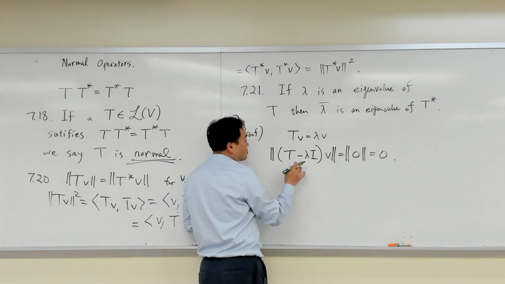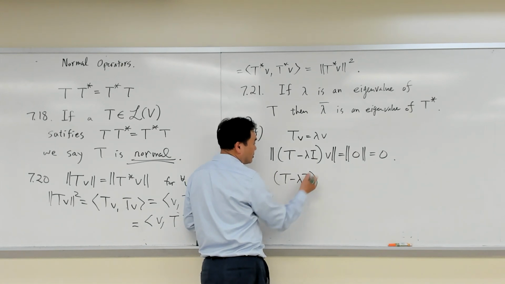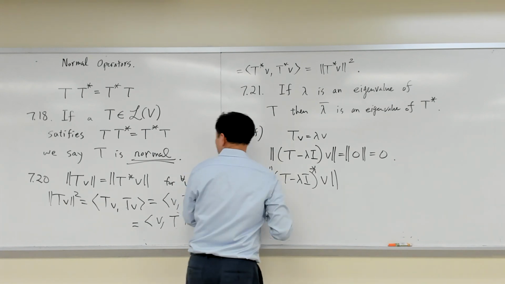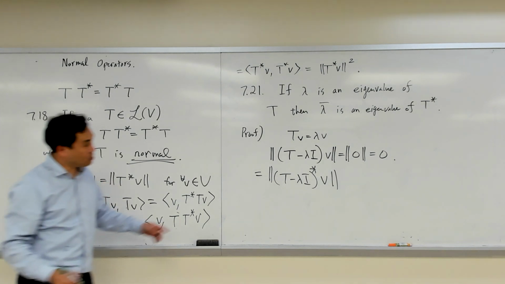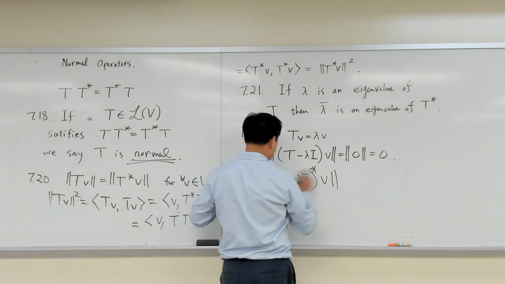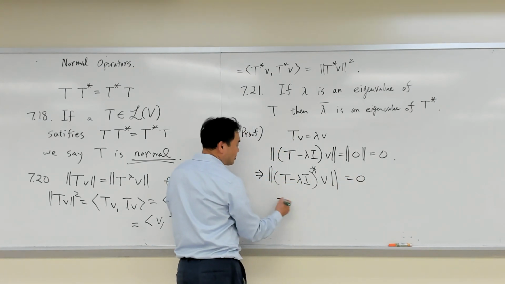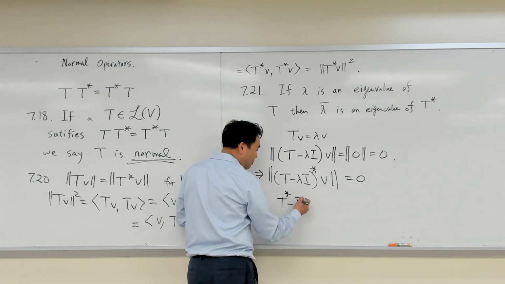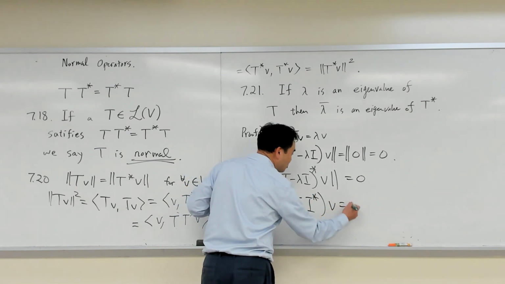Okay, so you have that, and then (T − λI)* v would still be equal because of this property that we just proved, right? If it's normal, then these two are the same. So we say this would equal 0. But what does that mean? That means ‖(T − λI)* v‖ = ‖(T − λI) v‖ = 0.